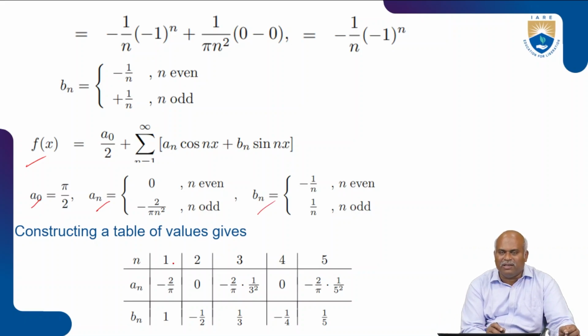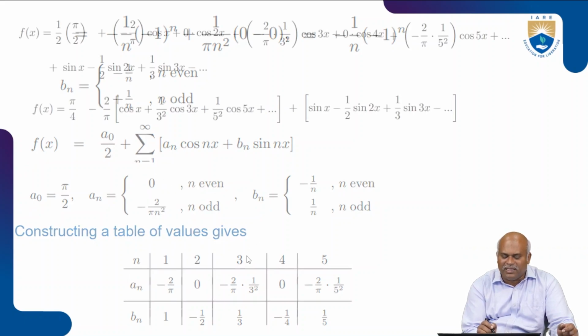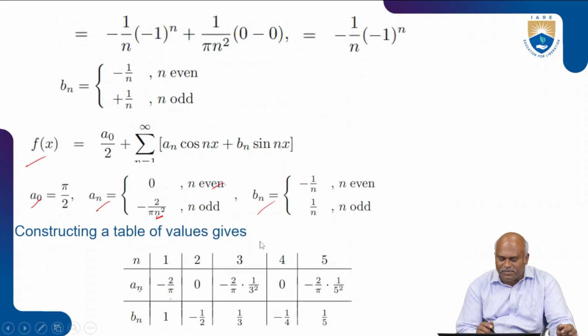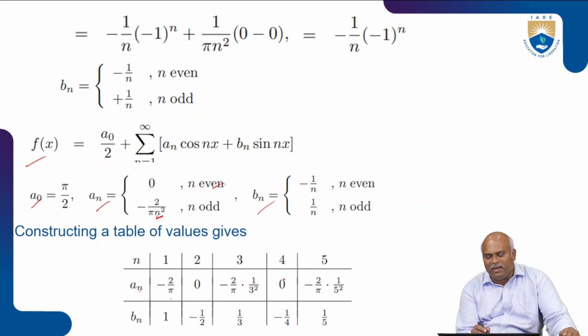The n values are 1, 2, 3, 4, 5, 6, 7 up to infinity. For a n, the odd number n equal to 1 gives 2 by pi, and the even number gives 0. For the odd number n equal to 3, it is 1 by 3 square times minus 2 by pi, the even number is 0, and for the odd number 5 it is minus 2 by pi times 1 by 5 square.